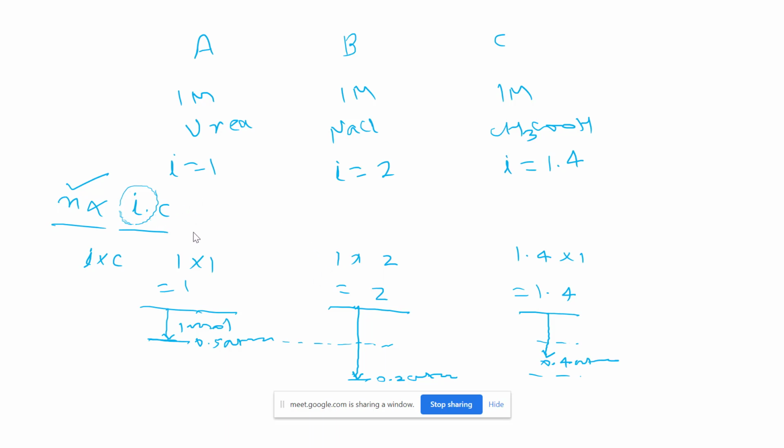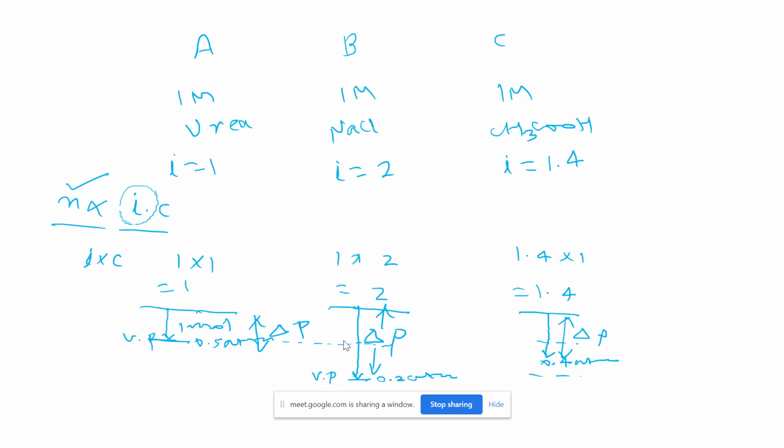Vapor pressure is minimum here for 0.2, but what is the maximum change here, in which case is the change maximum? This change is delta P, so in which case is delta P maximum? It will be for B. This is what we are saying, the vapor pressure of solution, Vp.